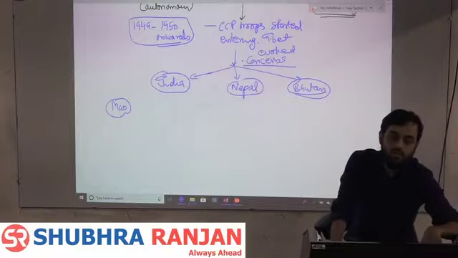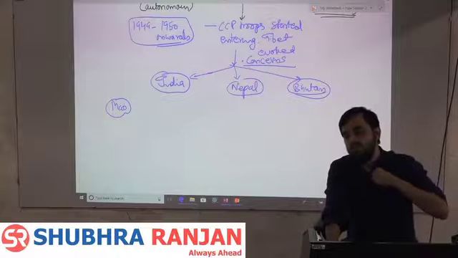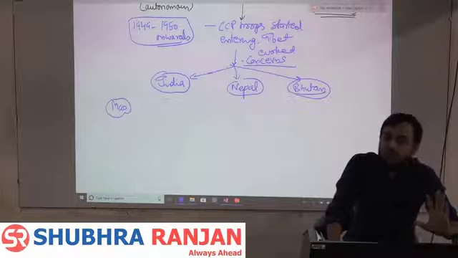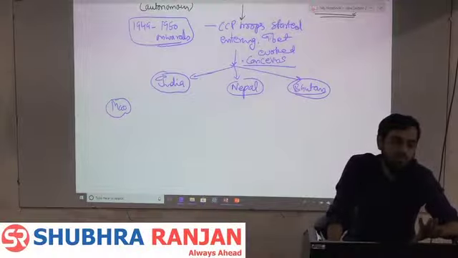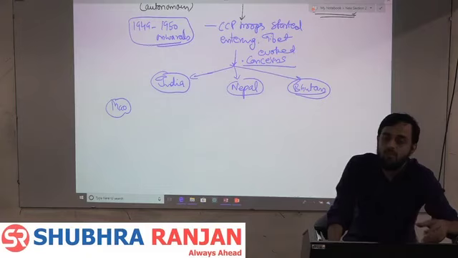And to that extent, even if the Chinese leaders would have said that we want very friendly relations with Nepal and Bhutan, whatever, Nepal and Bhutan are very concerned. Why? Because China is expanding into Tibet and might as well try to expand into its adjoining territories.